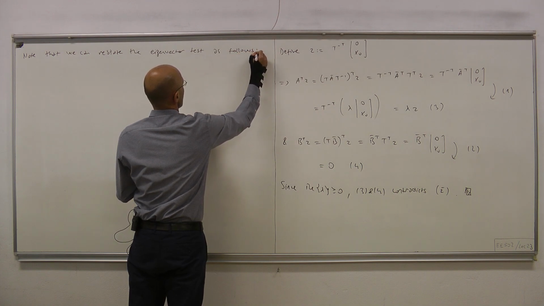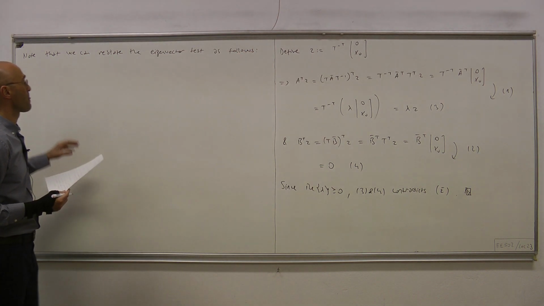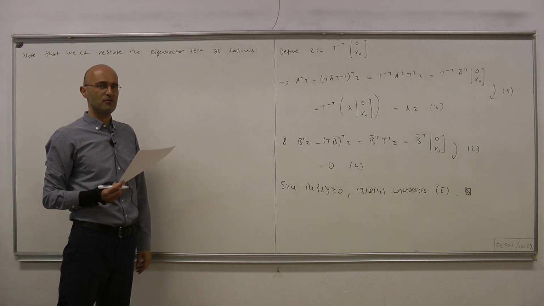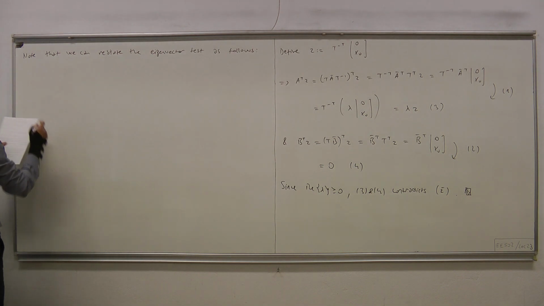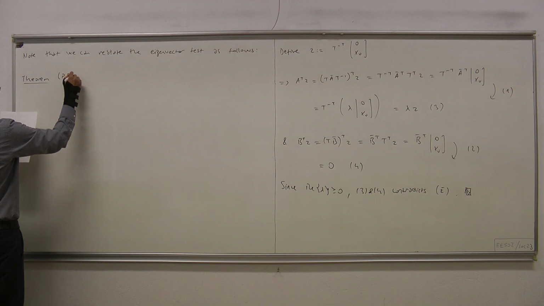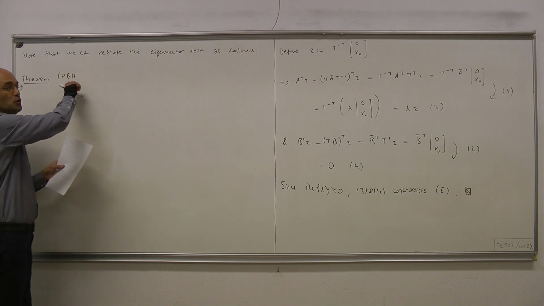as follows. And when it's done in this way, it's sometimes called the PBH test for stabilizability. Okay, PBH: Popov, Belevich, Hautus.